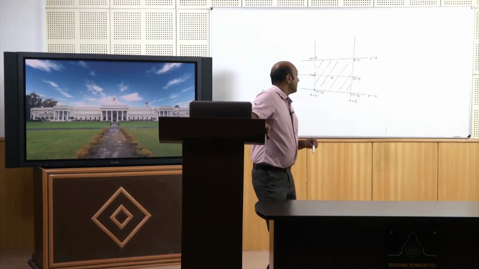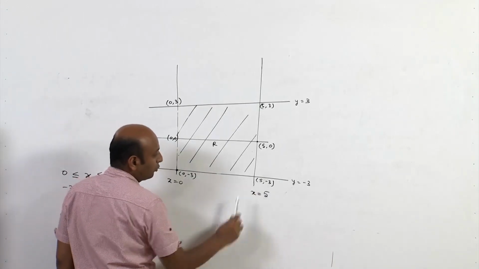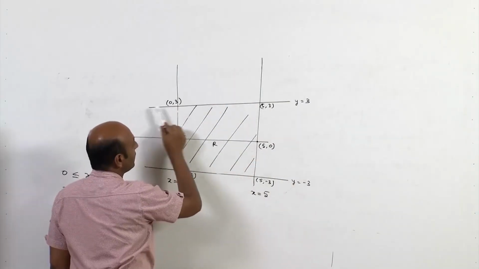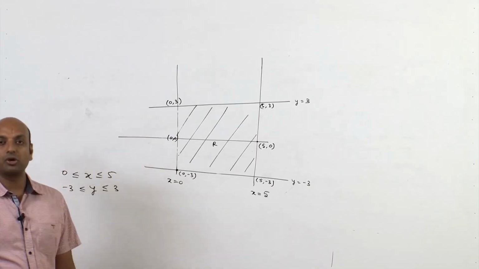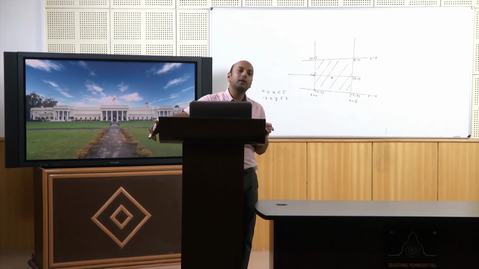Okay. Then we move along the boundary, we move along this line y equal to minus 3, we move along x equal to 5, we move along y equal to 3, and we move along x equal to 0, all the 4 boundaries of the rectangular plate, and find out the possible points where the function may attain local maxima or local minima.